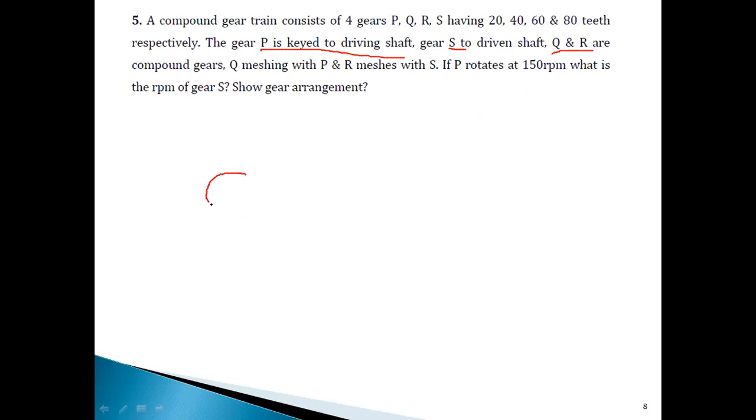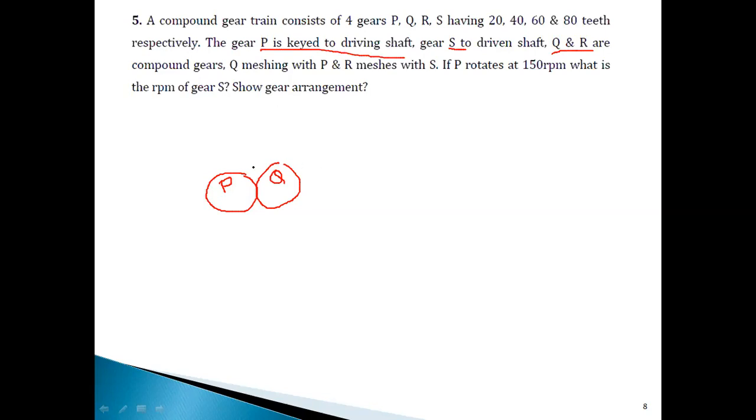So this is gear P. If you see the condition, what he says, Q meshes with P, which means P meshes with Q. So in this particular figure, you can see this is gear Q. And now he says Q and R are on the same shaft.